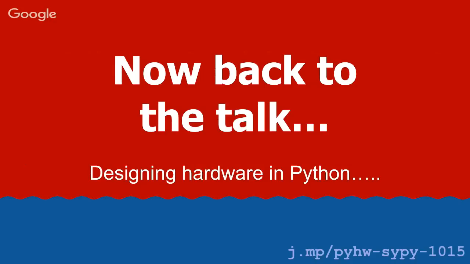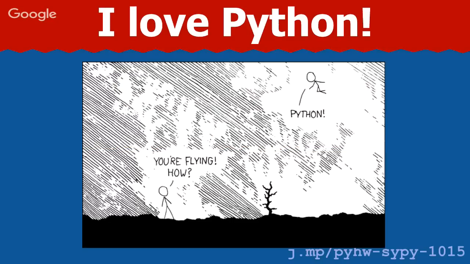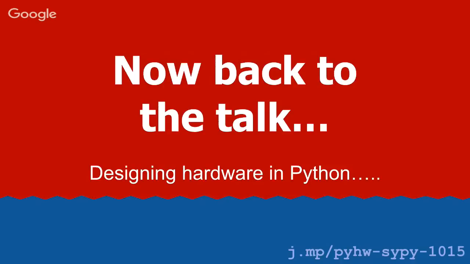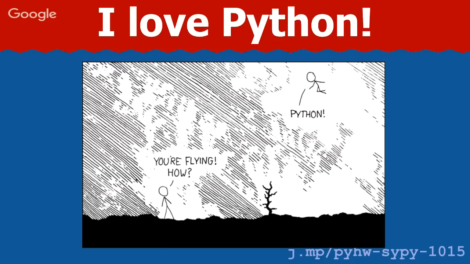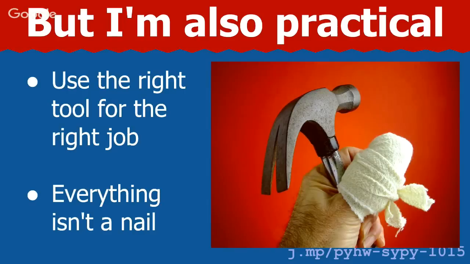So back to the thing I was here actually for, designing hardware in Python. I love Python. It's my favorite language. I love it so much I started a conference here in Australia for it. But I'm practical as well.